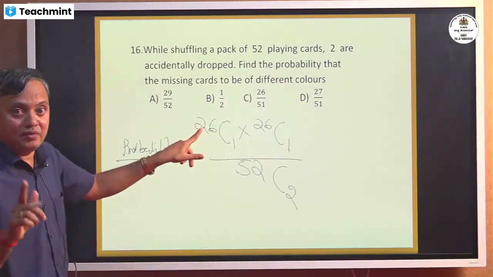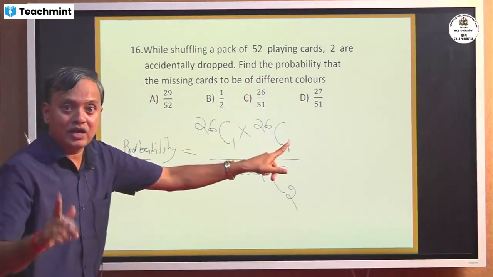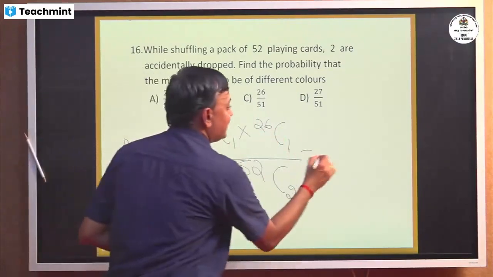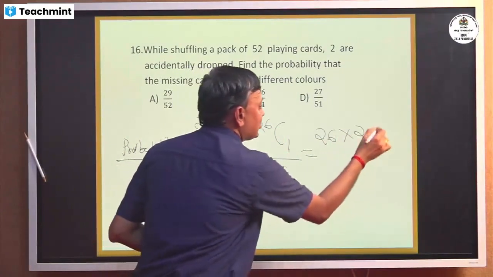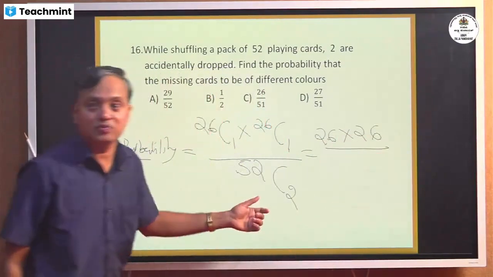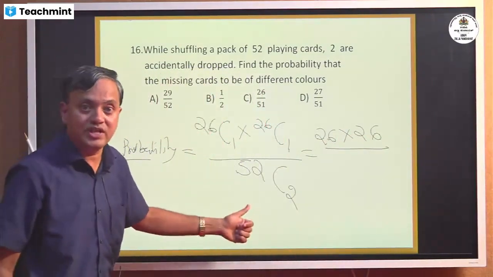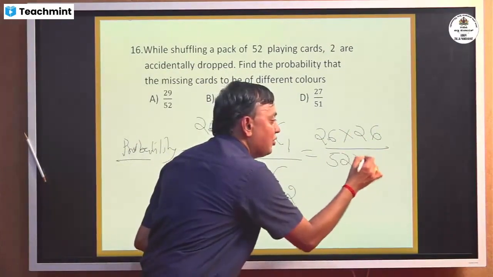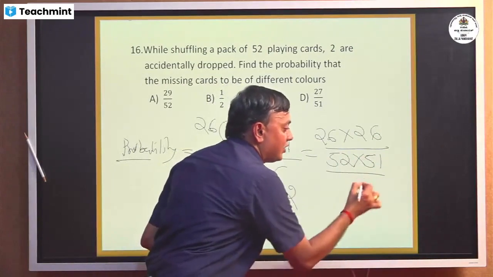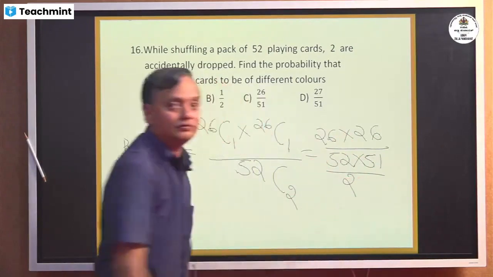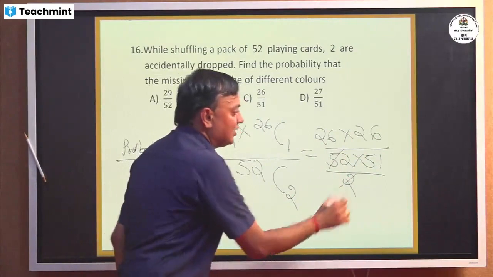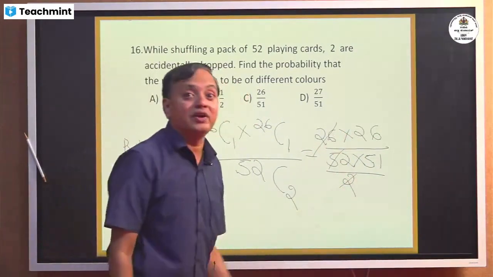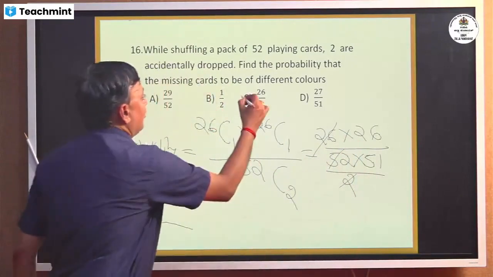That is 26C1 times 26C1, which is 26 into 26, divided by 52C2. 52C2 is 52P2 divided by 2 factorial, that is 52 into 51 divided by 2. Then 52 by 2 is 26 and 26 cancels, so what remains is 26 by 51.